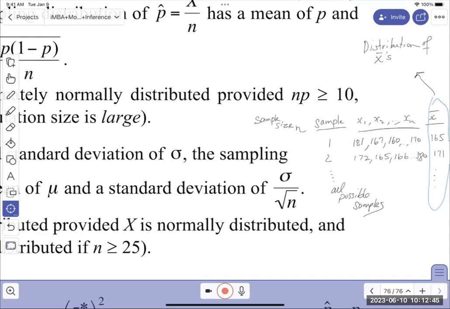So the shape should be more regular, should be symmetric. Should it be normal? What would make it normal? Does it matter how the X's were distributed? So these are all the questions that arise. What can I expect in this distribution of this person's blood pressure readings? The distribution of the X bars, what does it depend on?